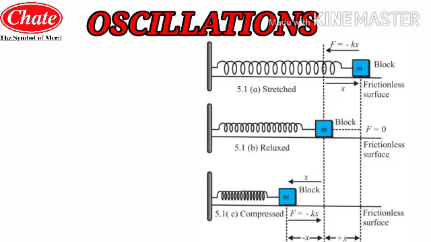Now we will see the three cases: the block at the rightmost position as the stretched case, the block at the equilibrium position, shown in the middle diagram, and the last case when the block moves towards the leftmost position, towards the rigid support of the spring, with the displacement of x from the equilibrium position.